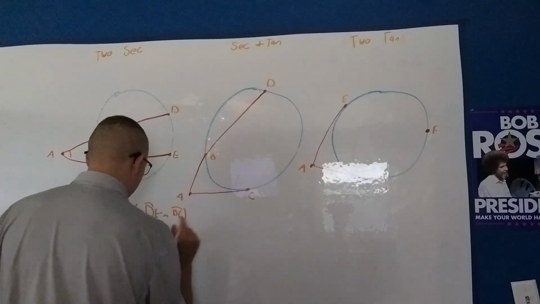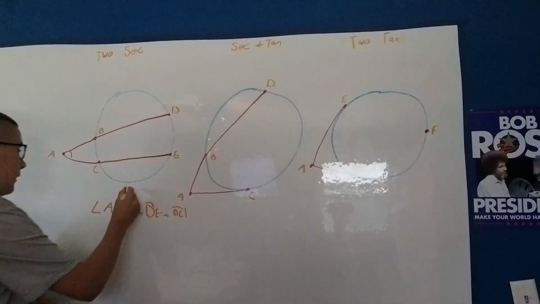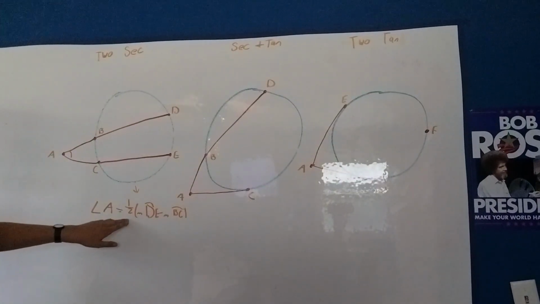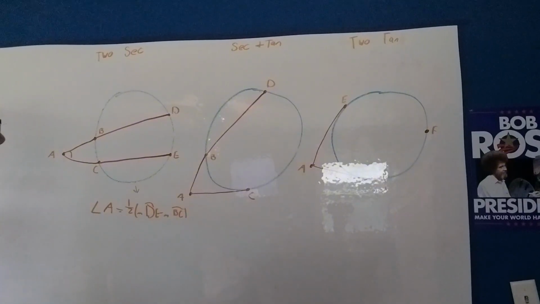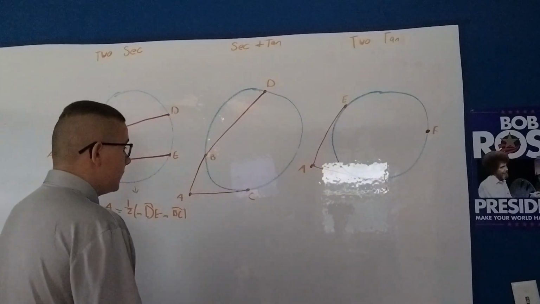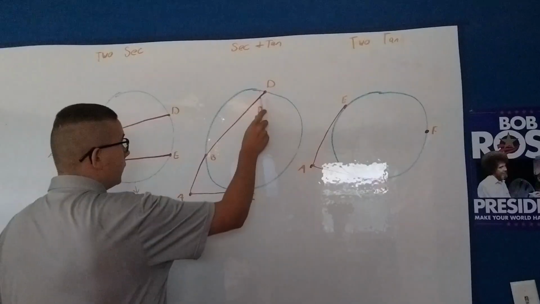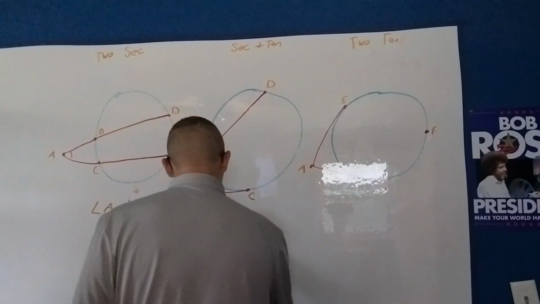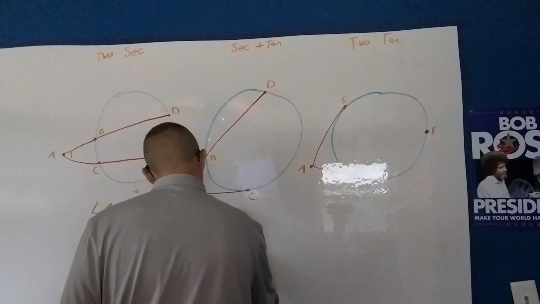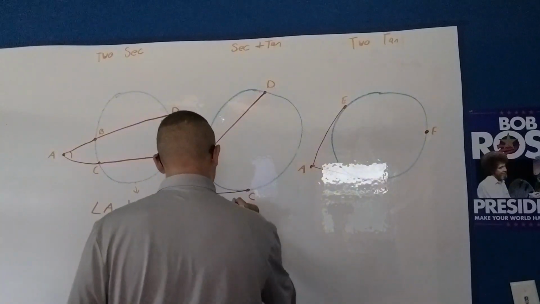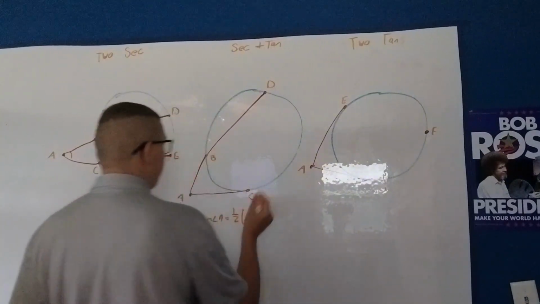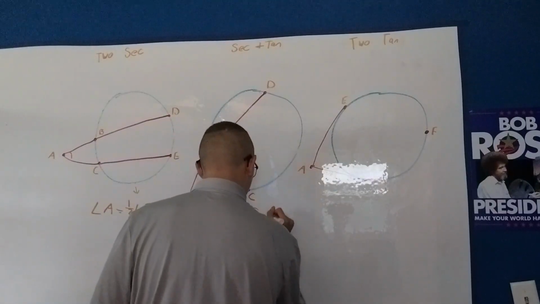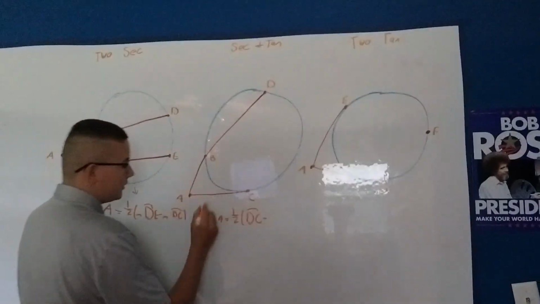Like that. So that's your example for two secants, right? If we have our secant and tangent, again, our bigger part is going to be DC and our smaller part is BC. So we can say the measure of angle A equals 1/2 the bigger part, DC, minus the smaller part, BC.